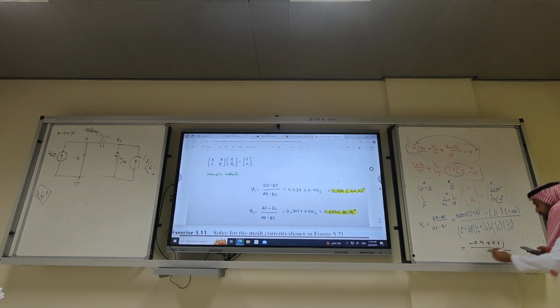So that is 0.02 plus 0.01j. So the final answer will be minus 6 plus 28j, which is 28.6 angle 102 volts. Let me verify.